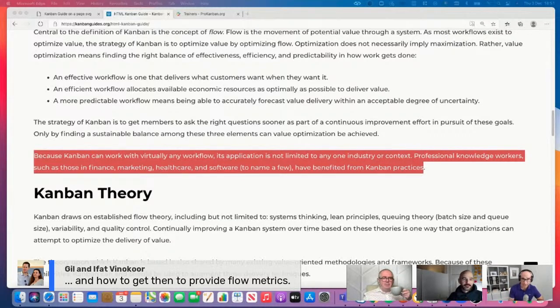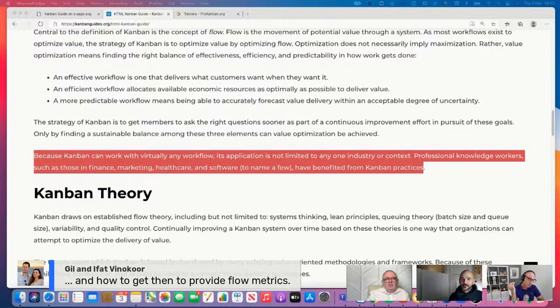And if you read through the guide, you will see that nowhere in the guide, and John, correct me if I'm wrong, but I'm pretty sure that nowhere in the guide do we talk about software specifically, and nowhere in the guide do we talk about teams specifically. And we worked really hard to keep this as generic as possible because of the belief in the need to address this more end-to-end business agility.